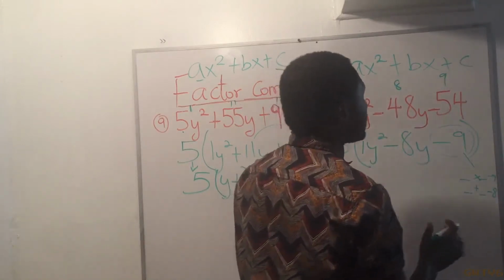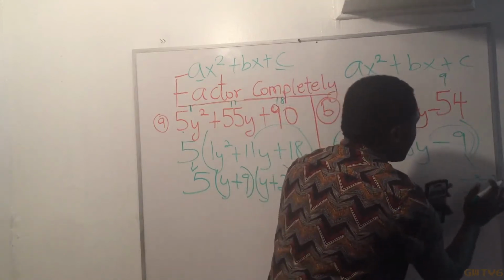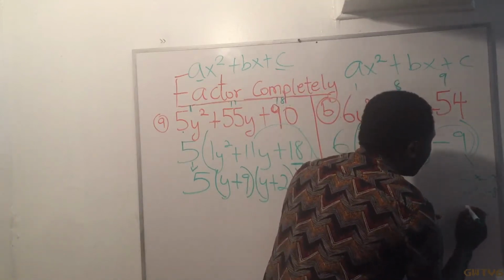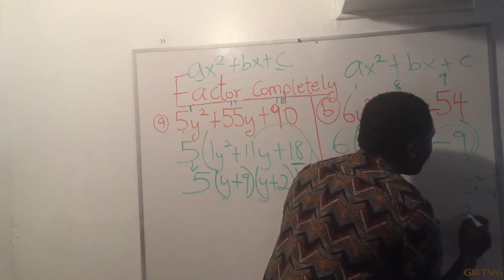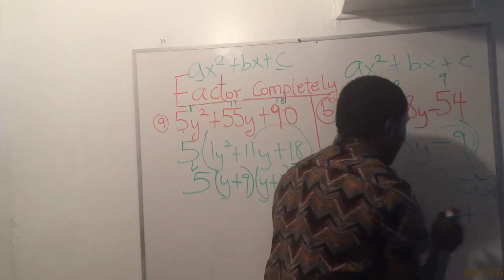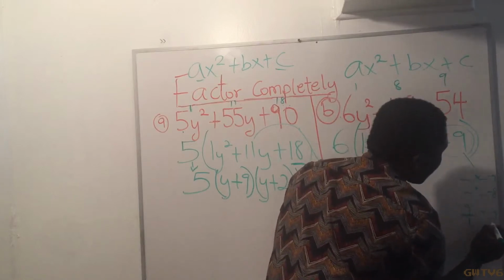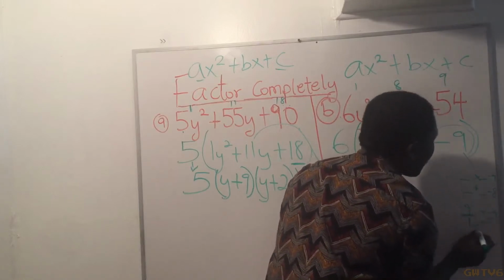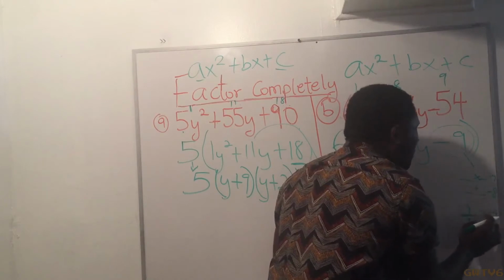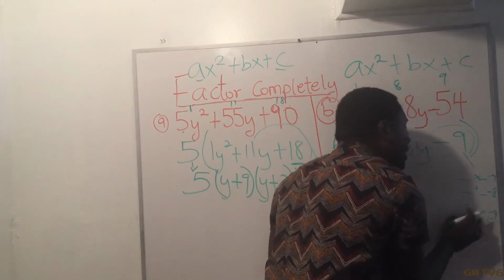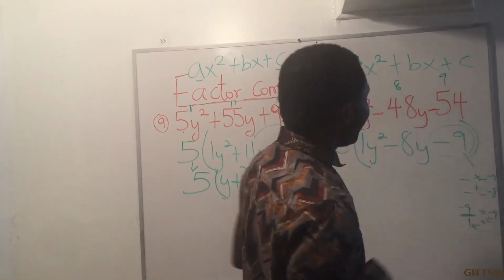So I always start the multiplication. It's negative 9, so I always divide by 1 first. Negative 9 divided by 1 is negative 9. So negative 9 times positive 1 is negative 9. But what about negative 9 plus 1? Is it negative 8? Yes, it is.